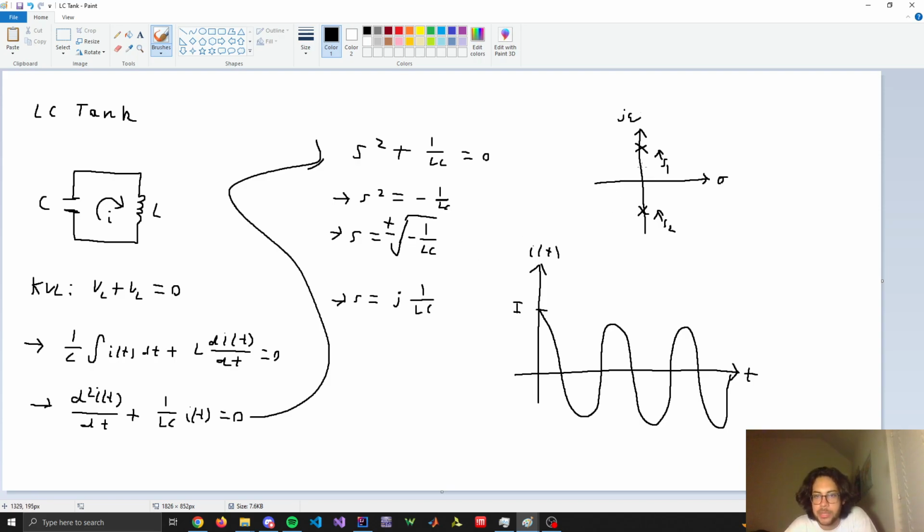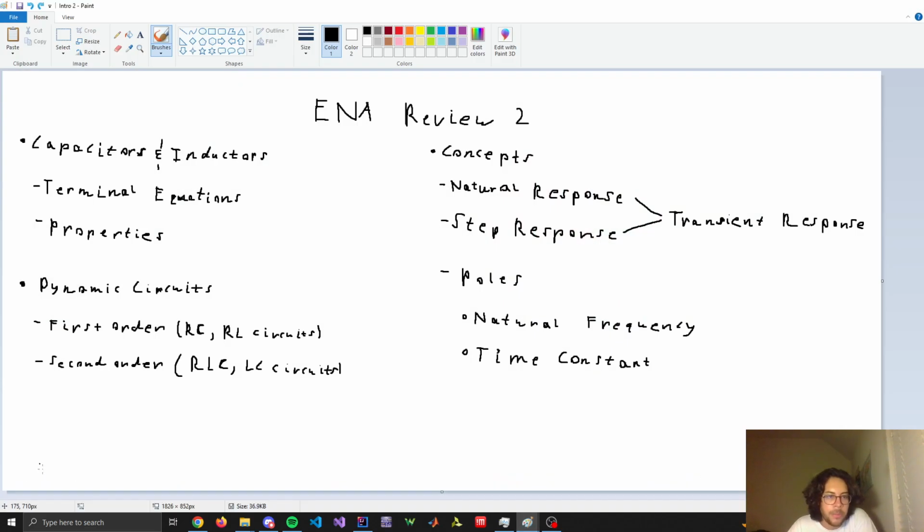Although our poles are purely imaginary, which represents a purely sinusoidal curve, there's still realistically going to be resistance in the wires. But mathematically speaking, this circuit will have endless oscillations of energy forever, which is a really interesting property and concept. So those are all the circuits I'm going to go over for this review.